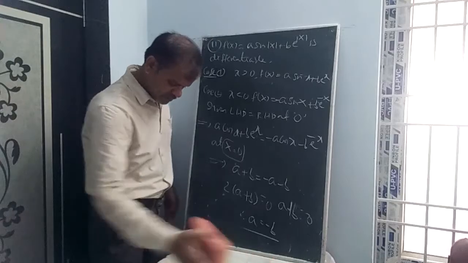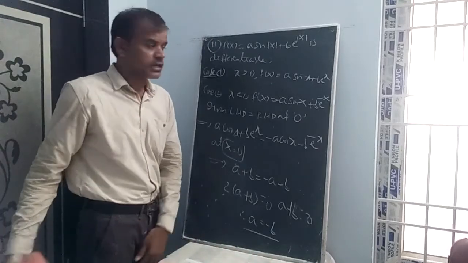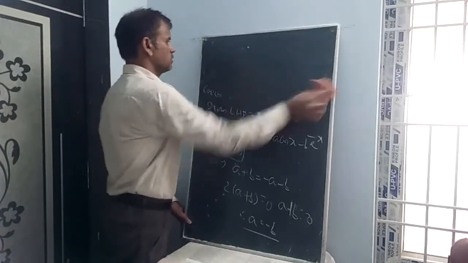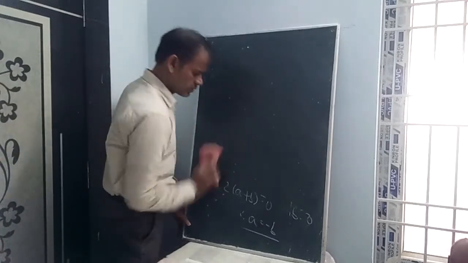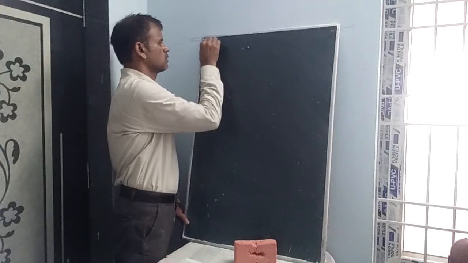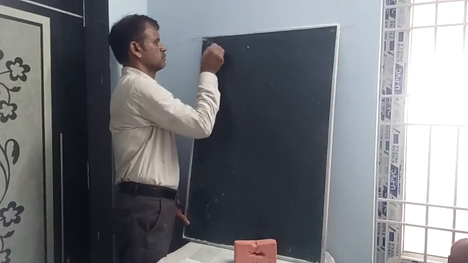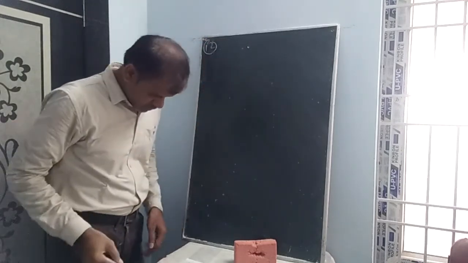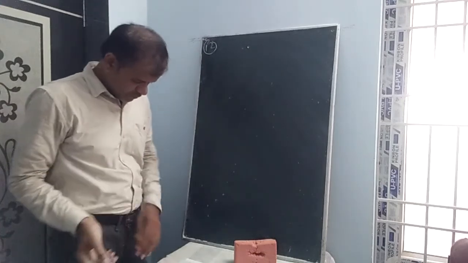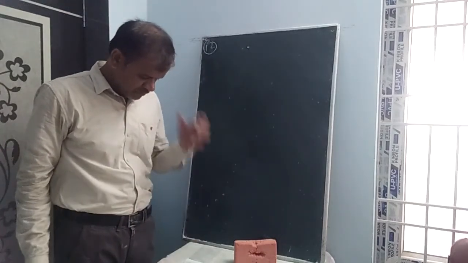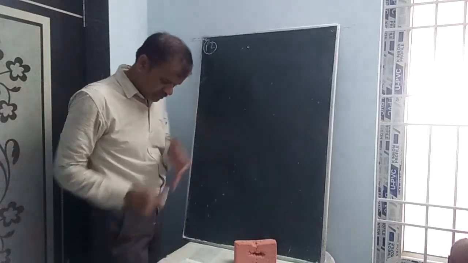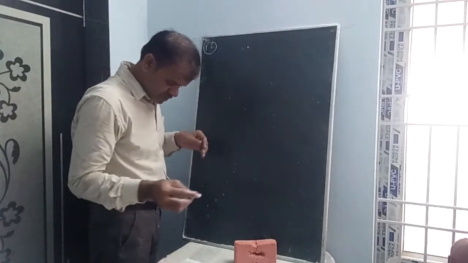Now the 12th question has a print mistake. Let us correct the print mistake and then explain it. Find the values of a and b such that f and f dash are continuous.